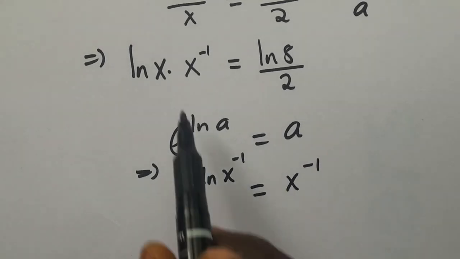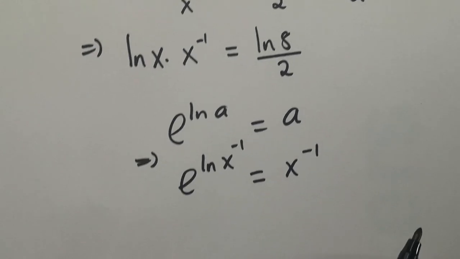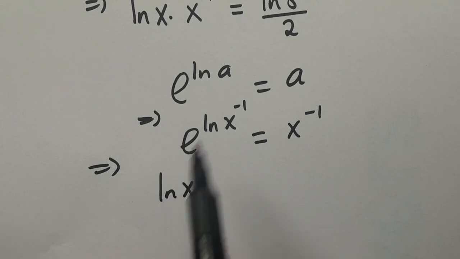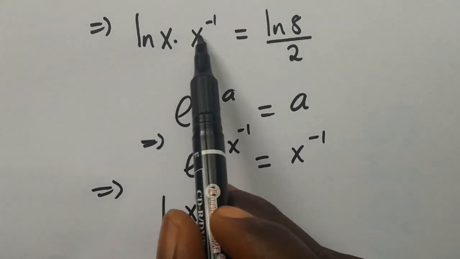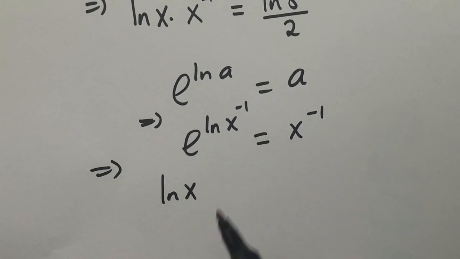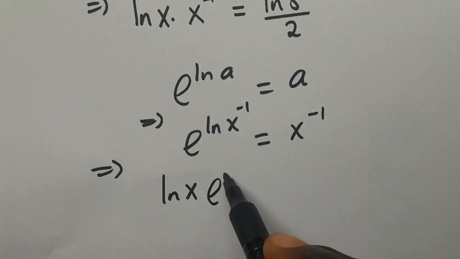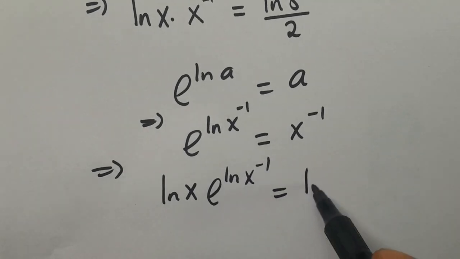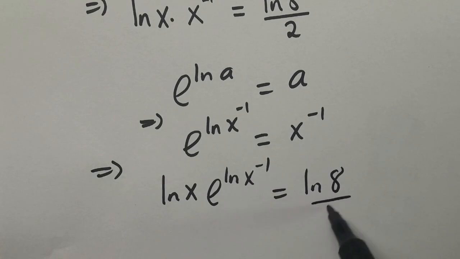So instead of writing this one here, we substitute this. And so therefore, we have ln of x from here, thus instead of writing this one, we put this one here, e to the power of ln of x to the power of minus 1 equals ln of 8 divided by 2.